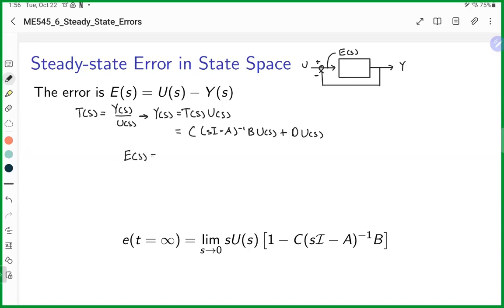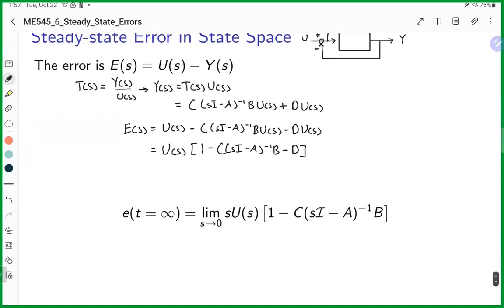We get E of s is equal to U of s minus C (sI minus A) inverse times B times U of s, minus D times U of s. And we get this. We can pull out the U of s multiplied by 1 minus C (sI minus A) inverse times B minus D.